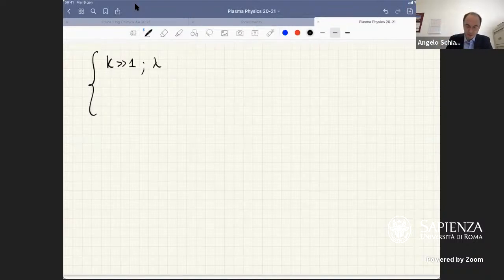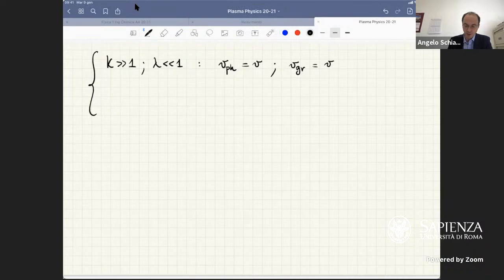So lambda is much less than 1. Then the phase velocity approaches v, and the group velocity approaches v again. So for very large k or very short wavelength, the plasma becomes non-dispersive: the group velocity and the phase velocity are the same.